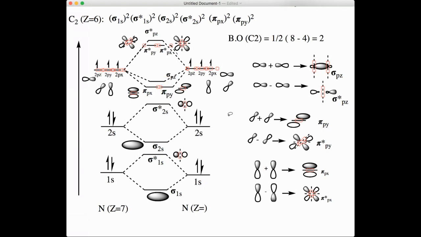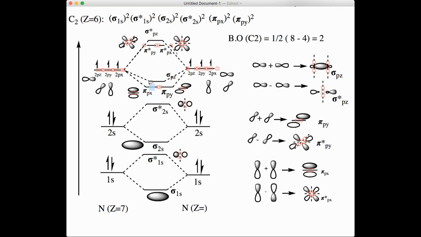Okay. All right, guys. So once again, 3 p orbitals and 3 p orbitals, a total of 6 p orbitals. If I combine 6 p orbitals, I will get 6 molecular orbitals. Now, 3 of them will be bonding and 3 of them will be anti-bonding because 3 of them result from in-phase addition and 3 from out-of-phase addition.